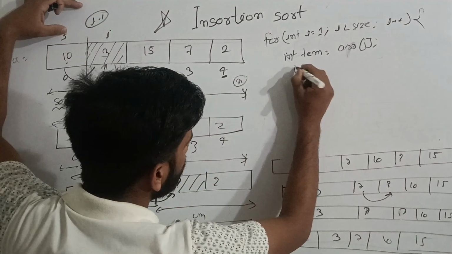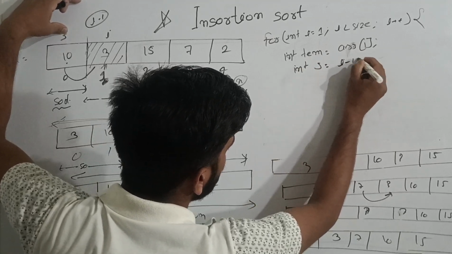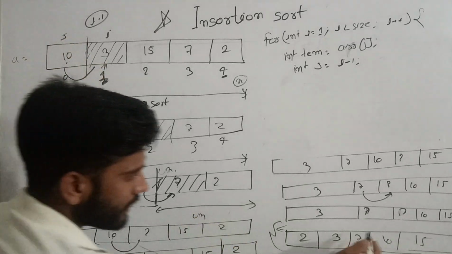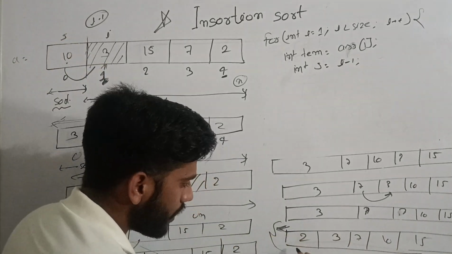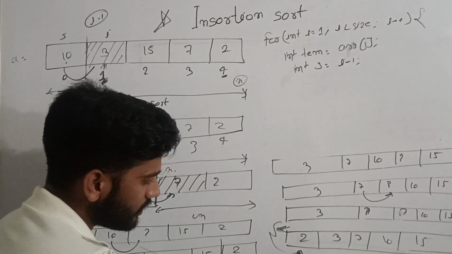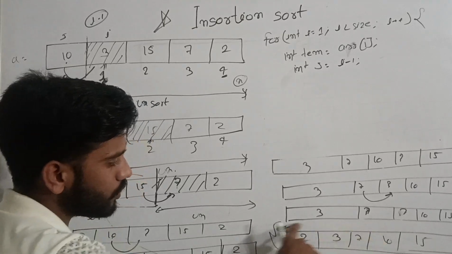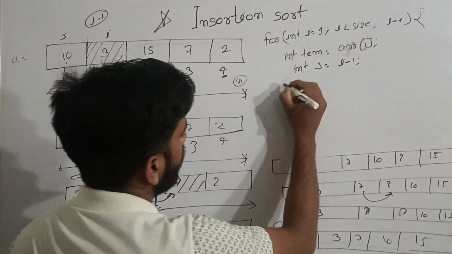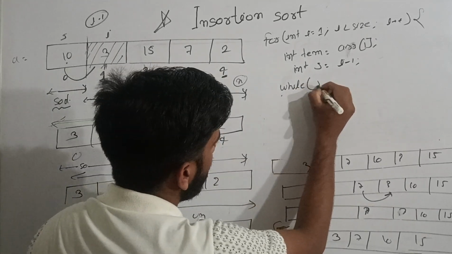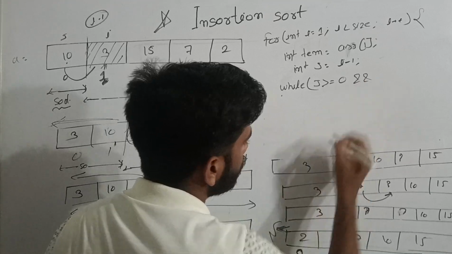The loop will work while j is greater than or equal to 0.